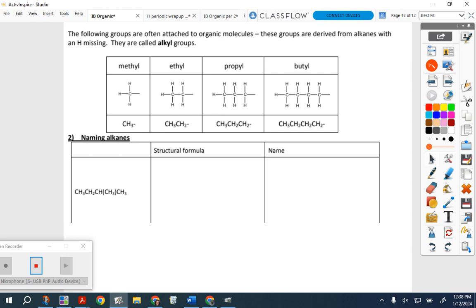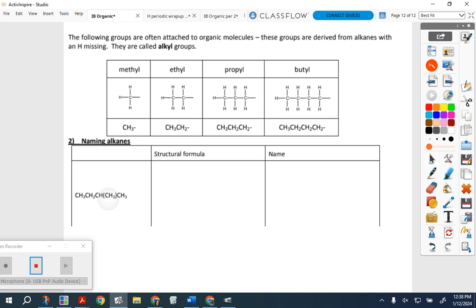And then in the condensed structural formula, those things are going to show up in parentheses to indicate that they are a branch off of the previous carbon in that formula. So what this parentheses with the CH3 here is saying, under number 2 where it says naming alkanes, is that this CH3 is coming off of the previous carbon.